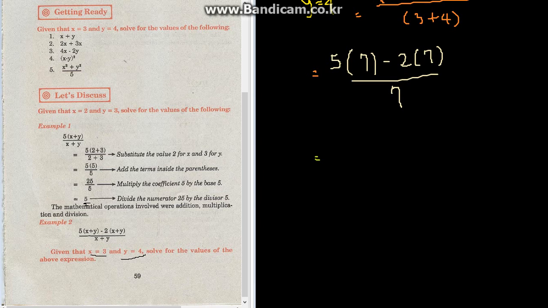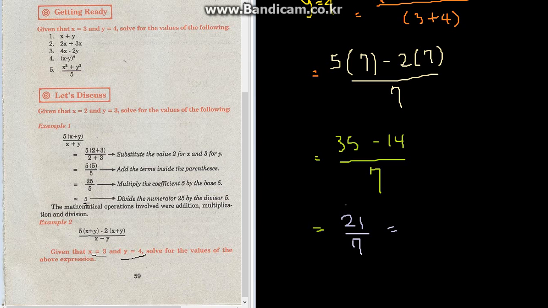So 5 times 7 is 35 minus 2 times 7 is 14 divided by 7, and before we divide, we have to compute the ones in the numerator first, right? So 35 minus 14 is 21 divided by 7.